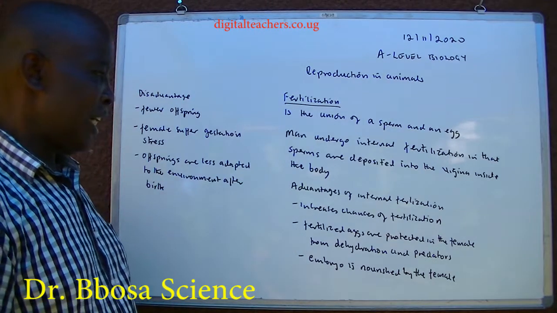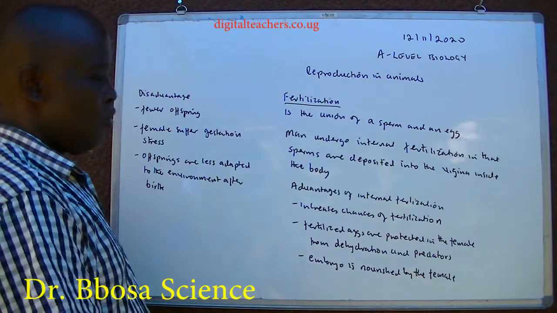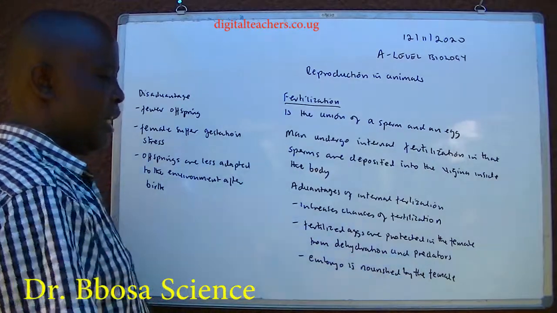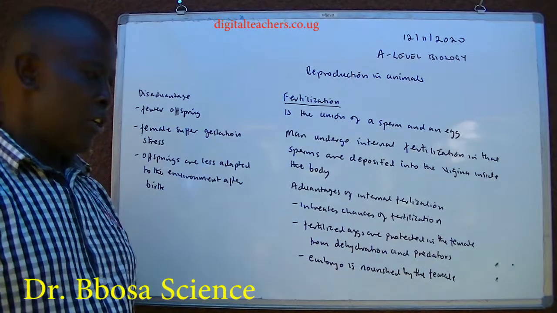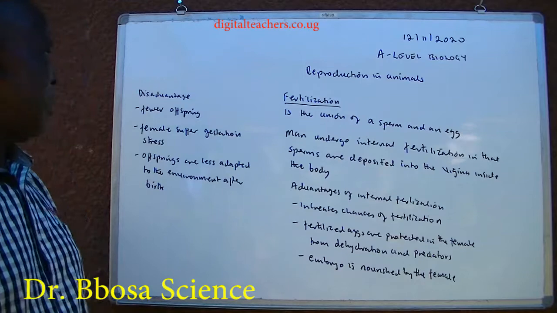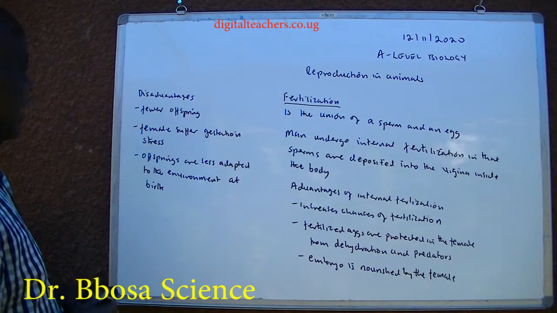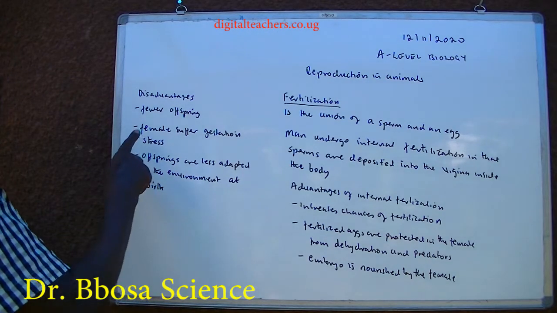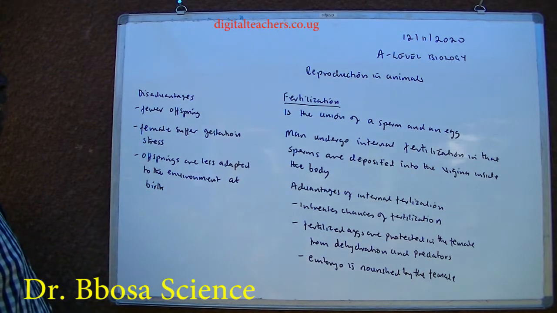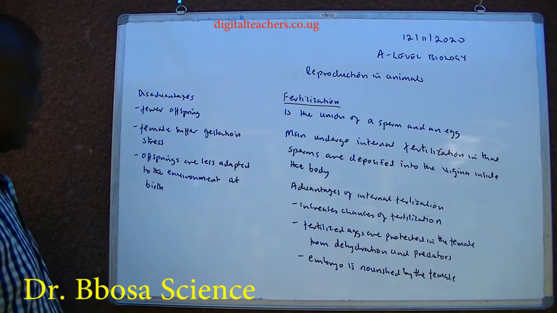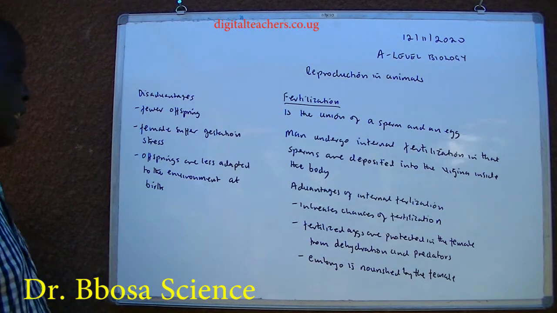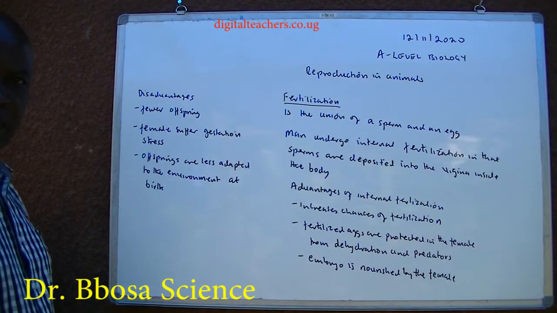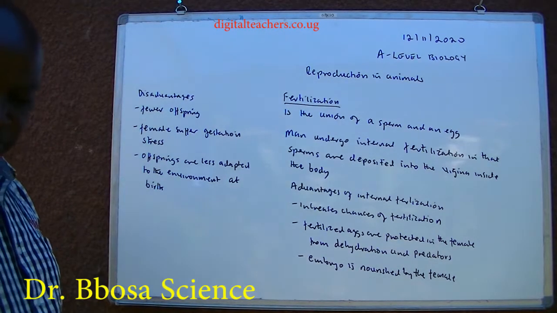Fertilized eggs are protected in the female from dehydration and predators. Embryos are nourished by the female. Disadvantages: fewer offsprings are produced.